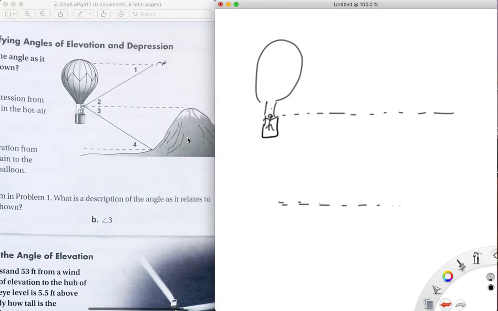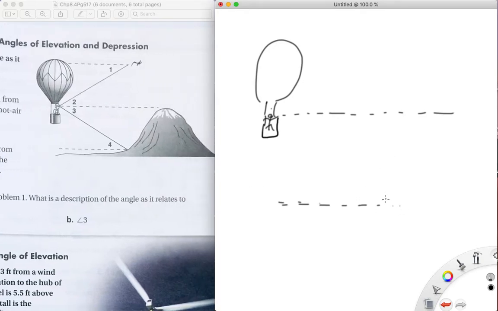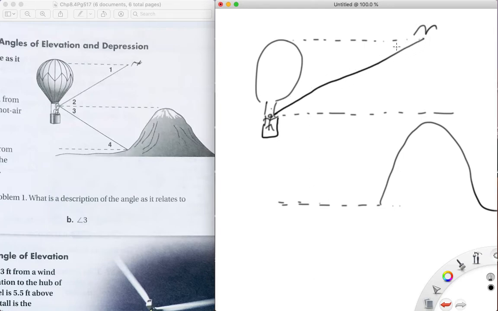I guess there's like a mountain top. And there's some bird, which also has a horizontal line of sight. The angle at which the bird looks down upon the balloon, that's an angle of depression. The angle at which the balloon looks at the bird, that's the angle of elevation.